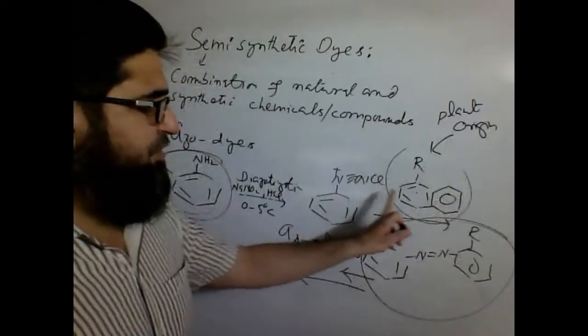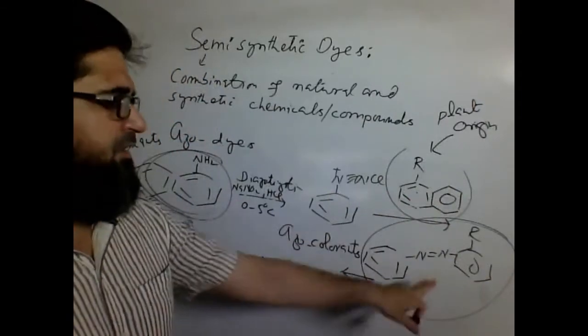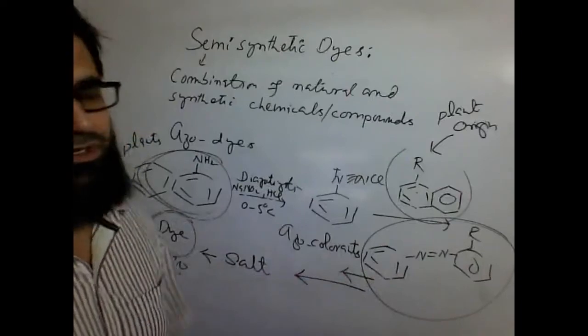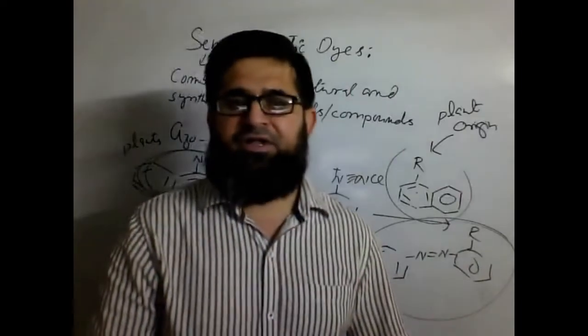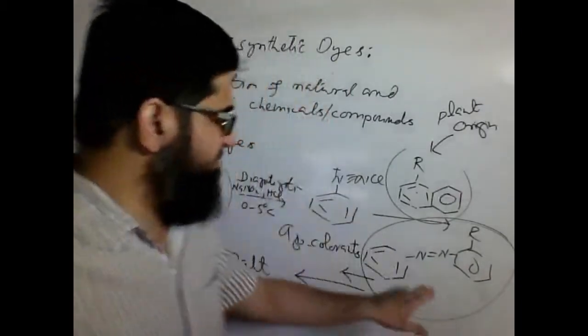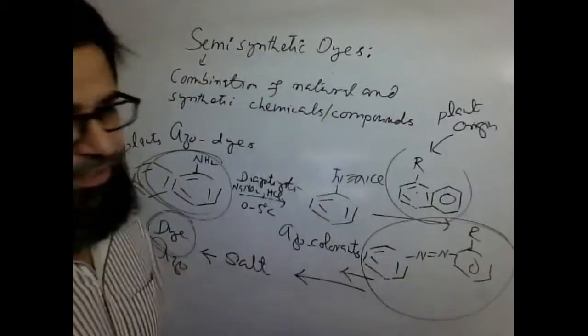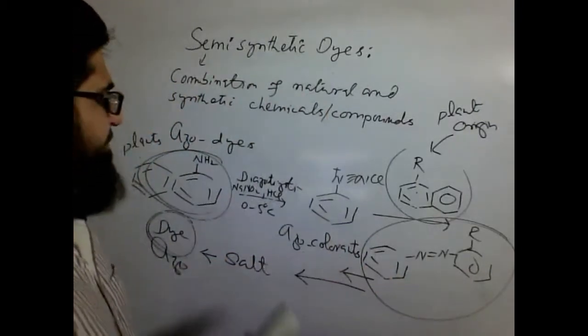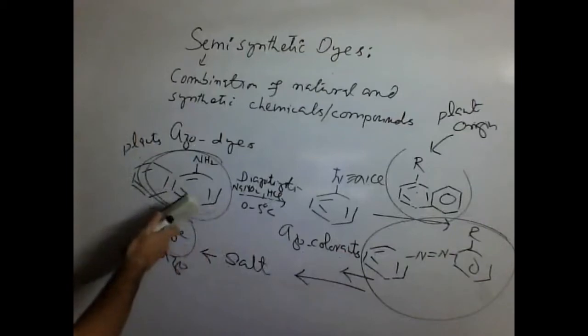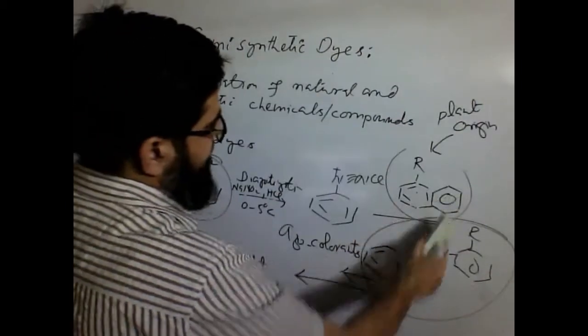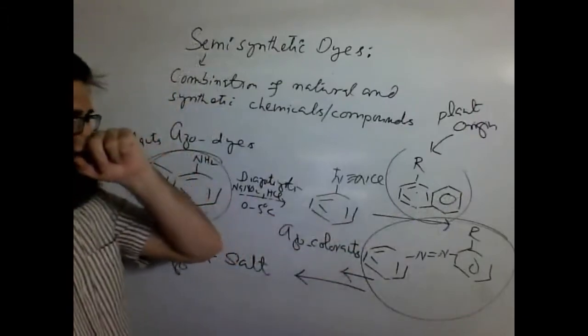So once they undergo coupling, again we will receive some sort of a dye material, very specifically an azo dye. Over here again, one part will be from the synthetic area, the other part of the dye will be from the plant region.